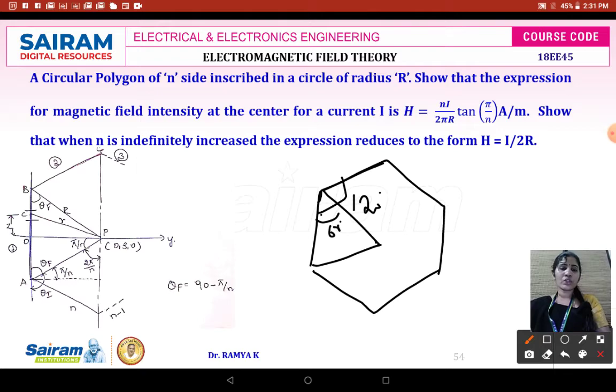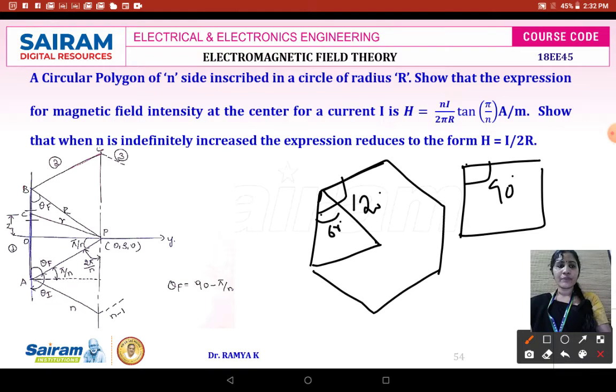So here also we can write it, in case of your square, the angle between two sides is going to be 90, and the angle between midpoint to the one side of the conductor is going to be 90 divided by 2, that is 45 degree.